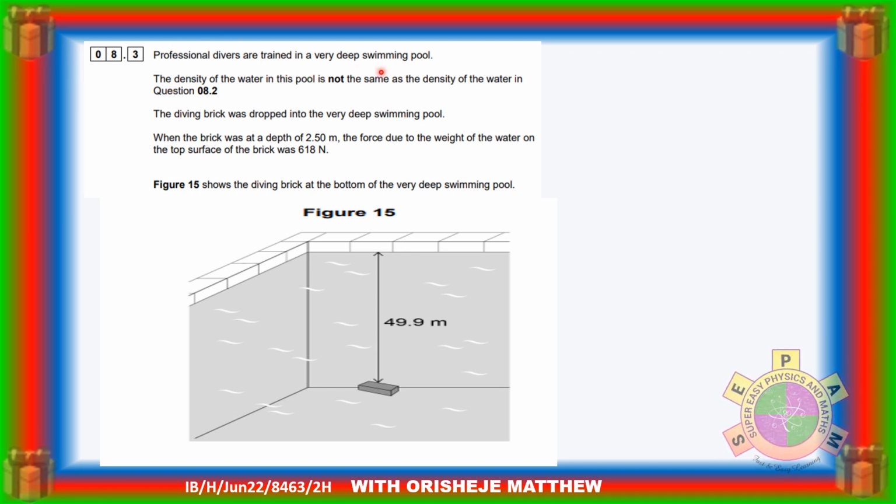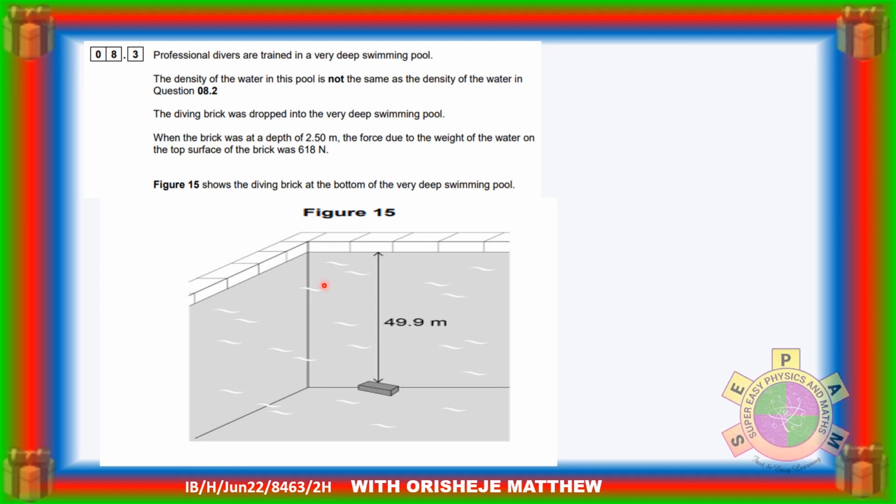The diving brick was dropped into the very deep swimming pool. When the brick is at the depth of 2.5, that is near the surface, the force at the top of the brick is 618 Newton.